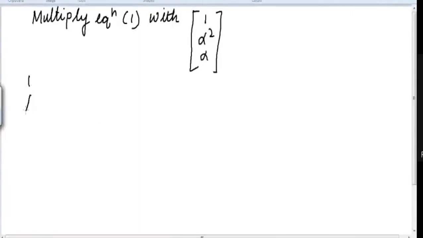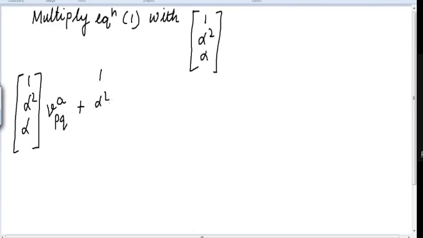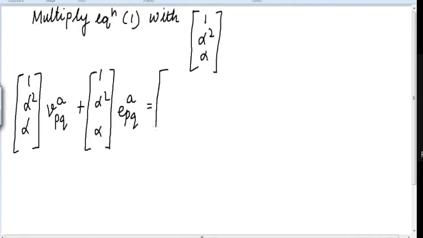So the equation will be here in this way, 1 alpha square alpha, then this will be multiplied by, as I have taken VPQA as reference, so this will become VPQA plus 1 alpha square alpha multiplied by EPQA. This will be equal to, now in place of the diagonal term I will replace with ZPQS, and in place of the off diagonal terms we will replace by M.